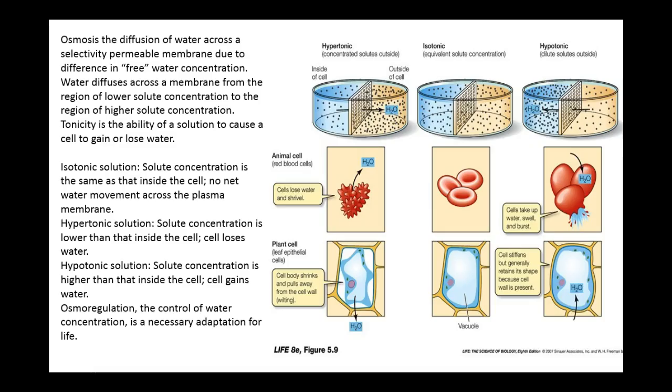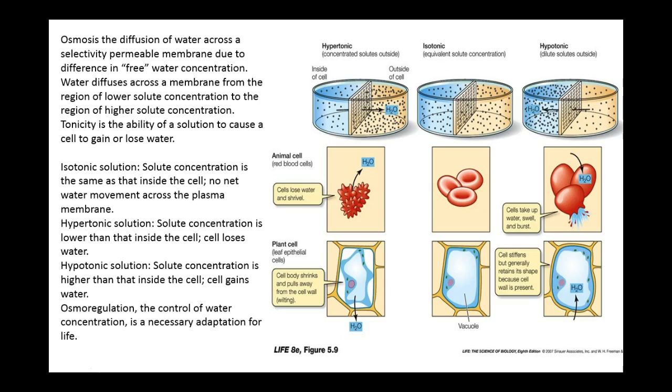Here you have the idea of osmosis across that selectively permeable membrane. And what happens is the water can pass through the membrane, because that's what the selectively permeable portion of this component means. So the water can pass through, but the solutes can't.